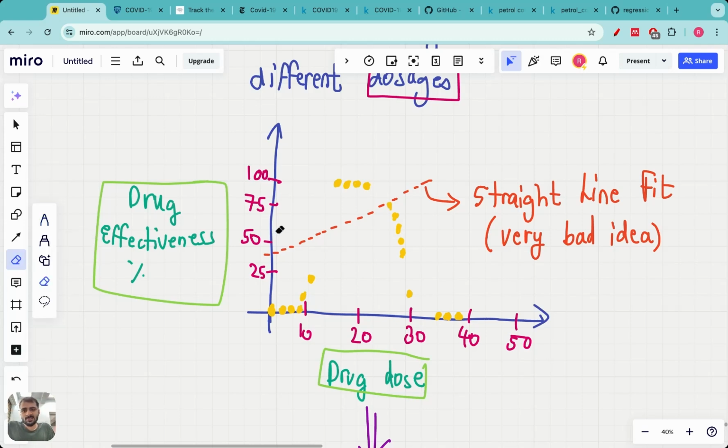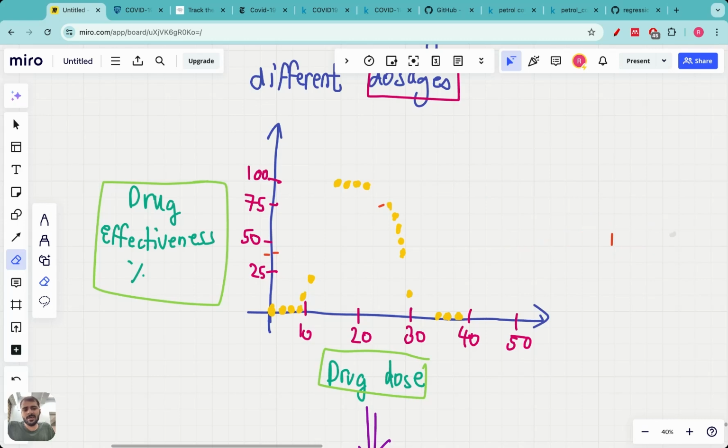So let me erase this straight line here so that I can tell a bit more about the features of this data set. I've erased this right now so that we can clearly visualize the data set. So traditional standard linear regression is going to be a bad idea, right?